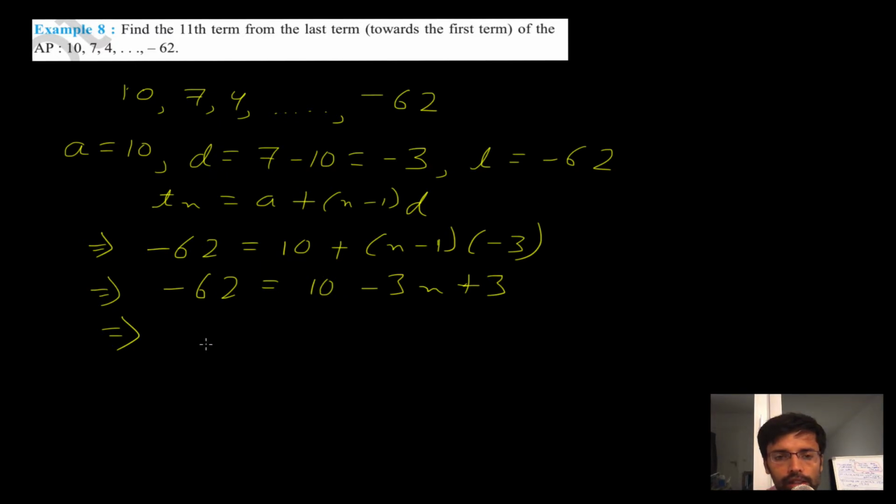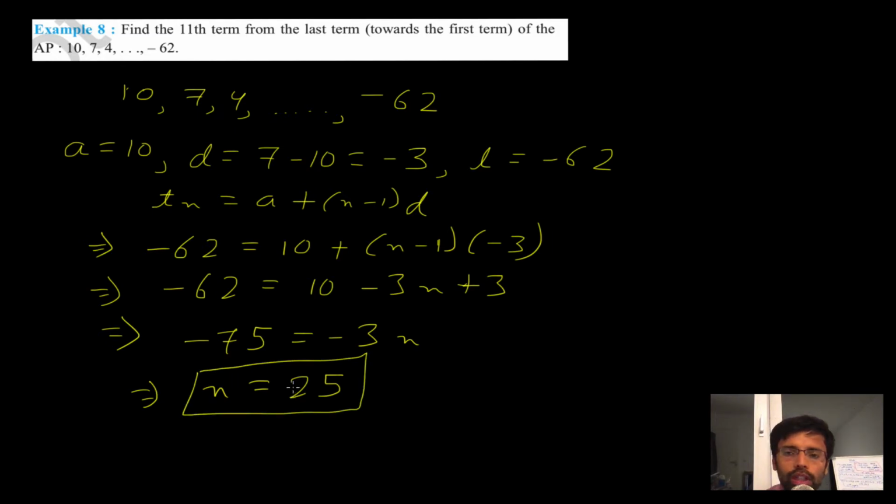So minus 62 minus 13, that is minus 75, is equal to minus 3n, or n is equal to 25. Okay, so what do we have now? So we found that there are 25 terms in this arithmetic progression.